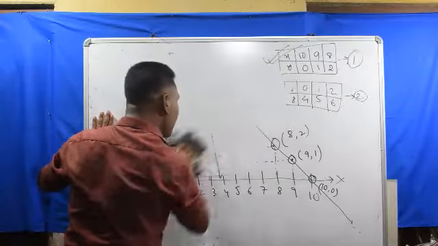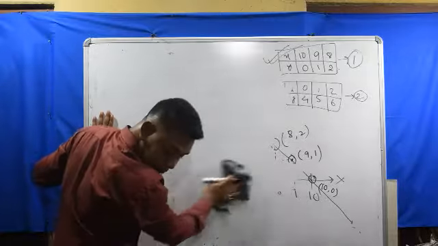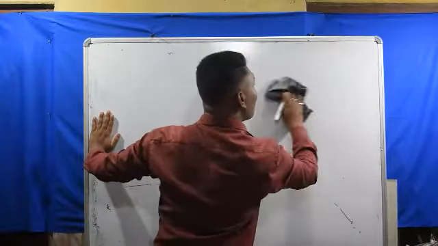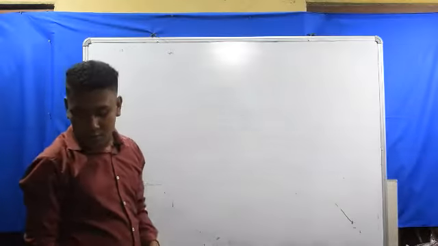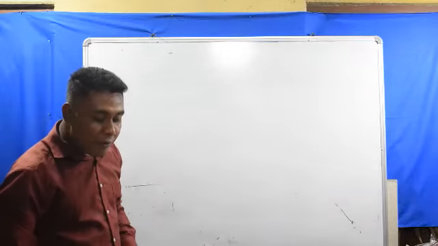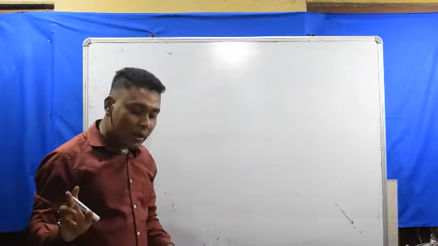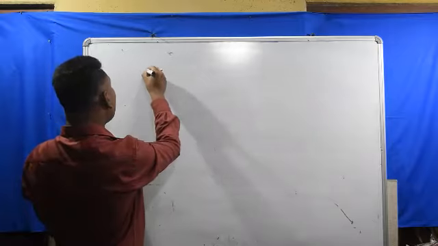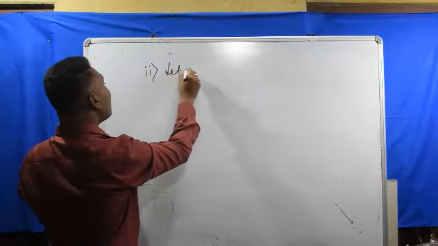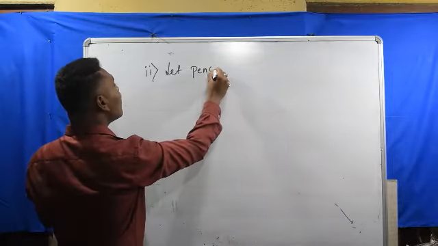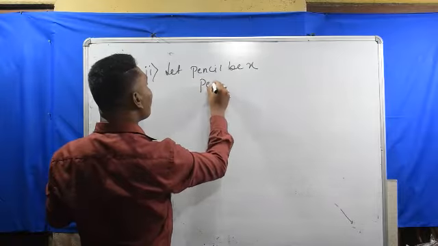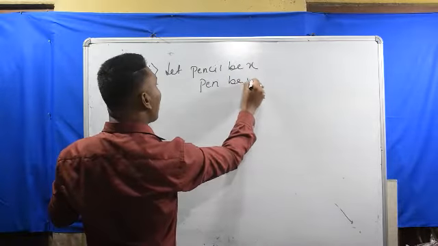The next question is, 5 pencils and 7 pens together cost rupees 50. So pencil and pen. Let pencil be x, pen be y.